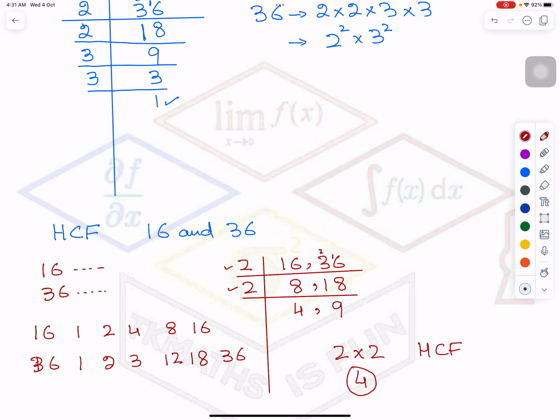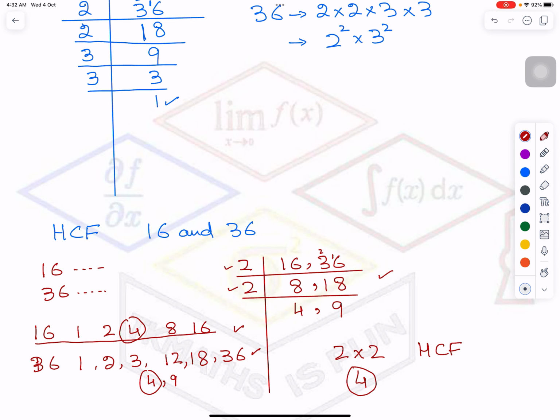What else? 4 times 9. 4 times 9 is also 36. So these are the factors of 36 and these are the factors of 16. So what is the highest common factor you see here? 4, because 4 is present in both. So this method is a little lengthy. Prime factorization helps you to figure it out very quickly.